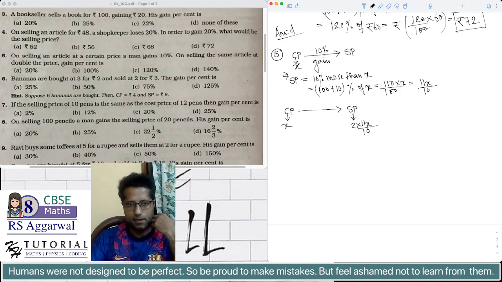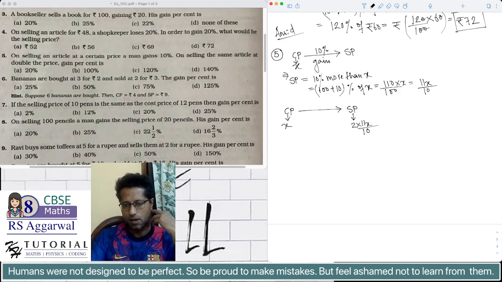On selling the same article at double the price, we have to find the gain percent. In this transaction, the cost price remains the same, X, and the SP has become 2 times the previous SP, which was 11X by 10. So now the current SP is 2 times 11X by 10.